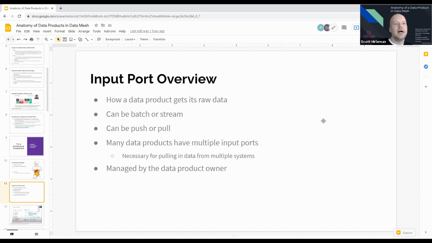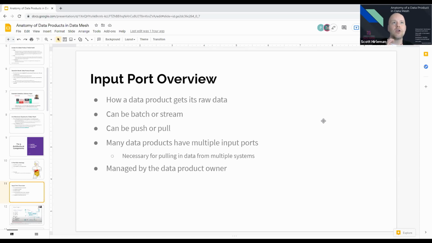And I'll show you a thing in a second, but when I say the input port is managed by the data product owner, they own the fact that they need to own getting the data in, because it is within the boundary of the data product itself. So they need to own that this is functioning.